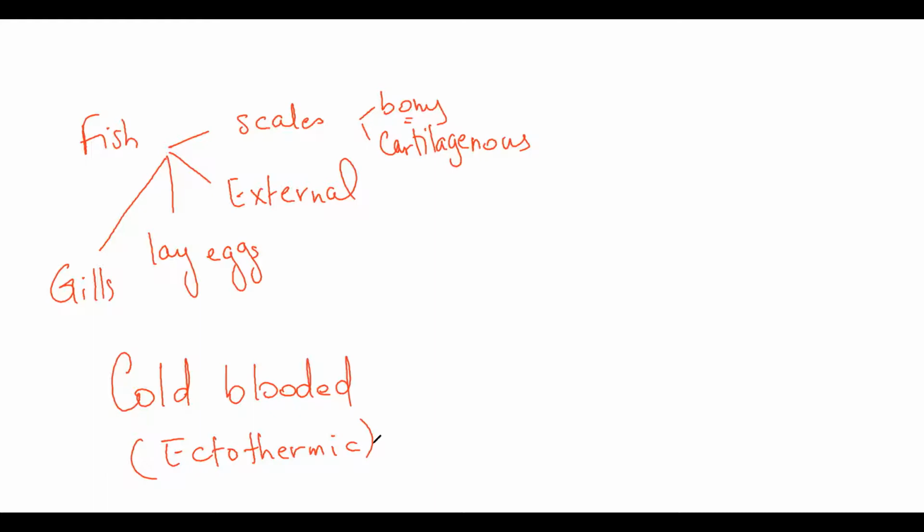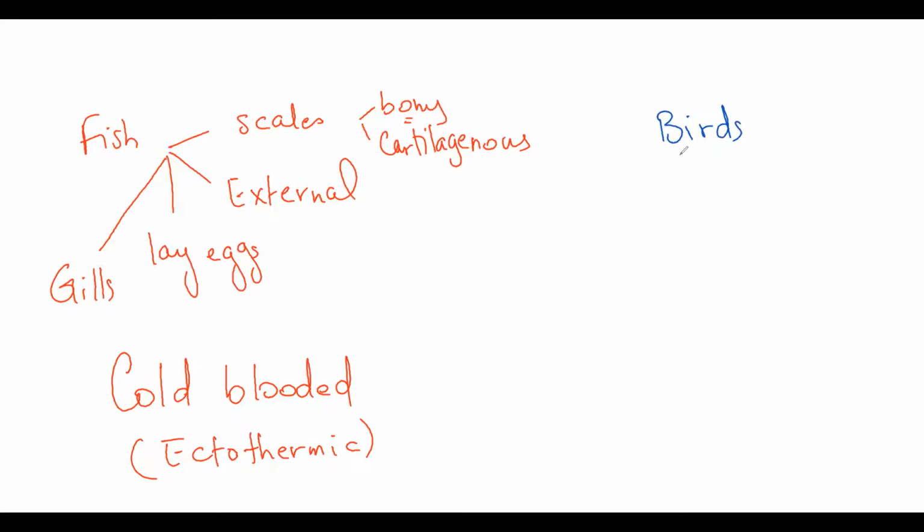Yes, because the blood changes. The temperature is the same as the outside temperature. Yes, of course, it's affected by the external environment, but the mammals and birds have the same constant temperature that's not affected by the external environment. Yes, and we call them endothermic.